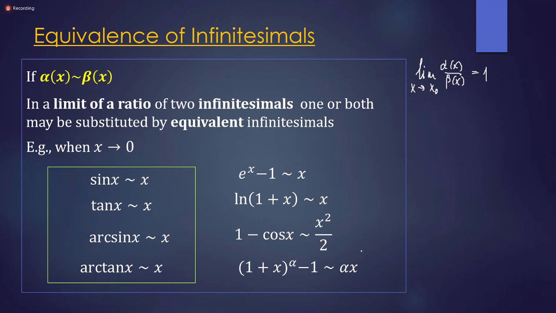If we have the square root of 1 plus x minus 1, that was a very special case, it is equivalent to 1/2 x, because the square root in this case means exponent 1/2. And this is very useful because if you remember and know how to use this equivalence, it makes evaluating some limits very, very easy. In fact, easier than using L'Hopital's rule.